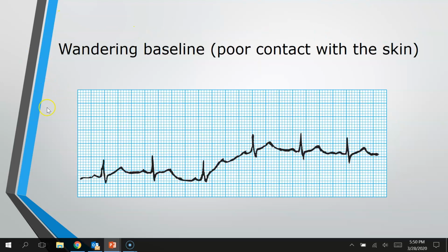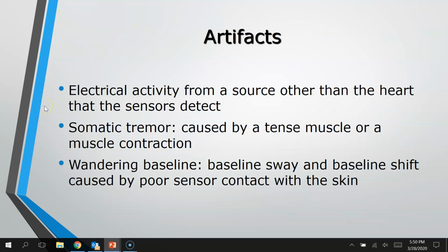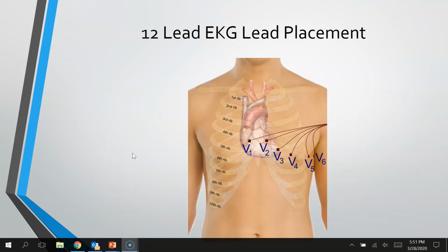Oh, I am going to try to go back here. So I jumped ahead a little bit because I didn't have a picture of this with the lead placement, but this is going to be very important. Our V1 goes on the right side of the sternum between the 4th and 5th intercostal space. We don't want it over the bone.